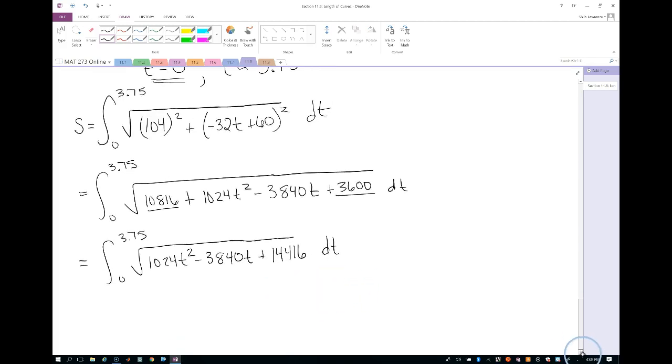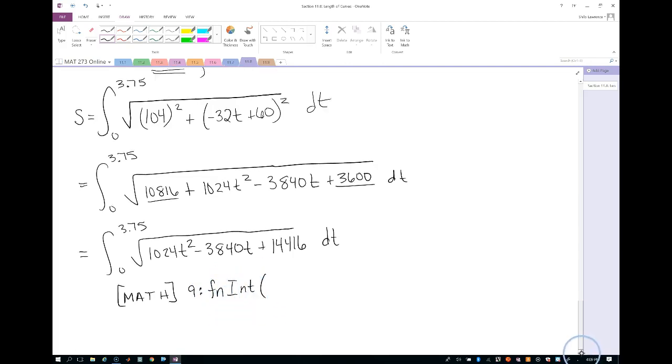Now, you don't need to waste a whole bunch of time trying to figure out if we could simplify this further. Your graphing calculator can calculate definite integrals. If you use math option 9, option 9 says FNINT, which is function integration.